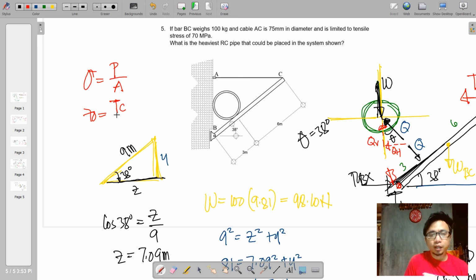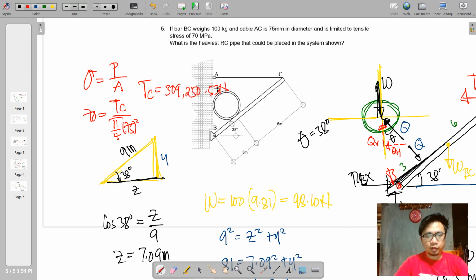The area is pi over 4 times 75 squared. So you can get the value of TC equal to 309,250.53 newtons.